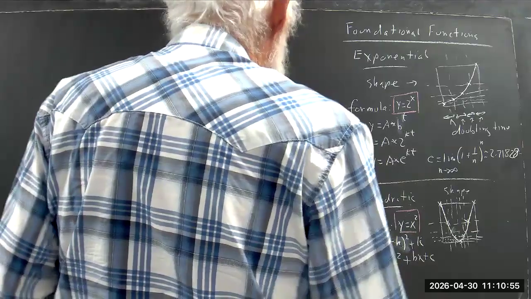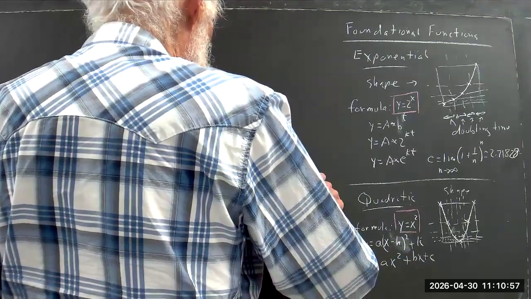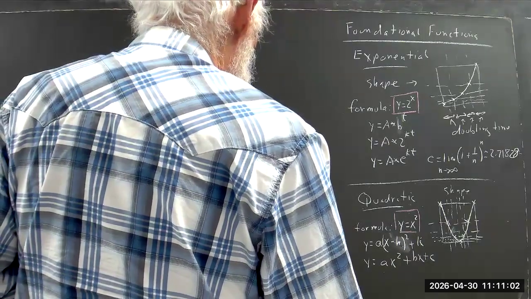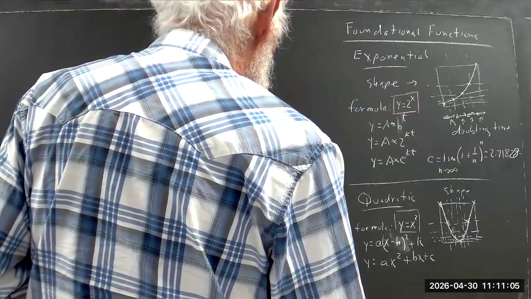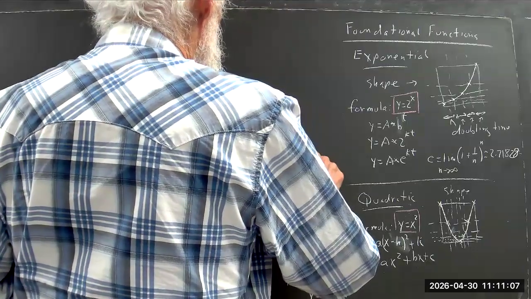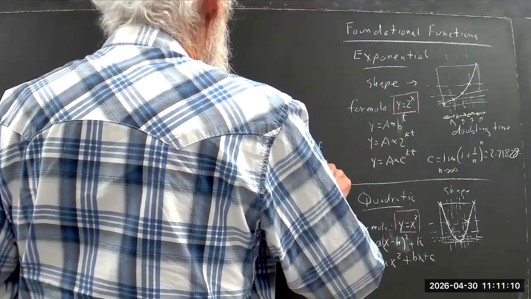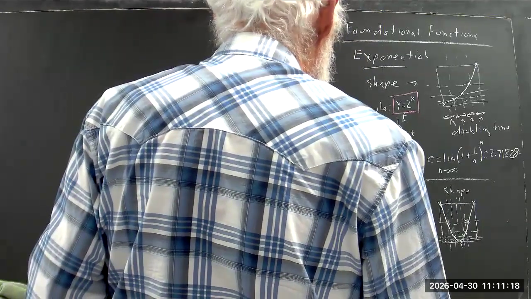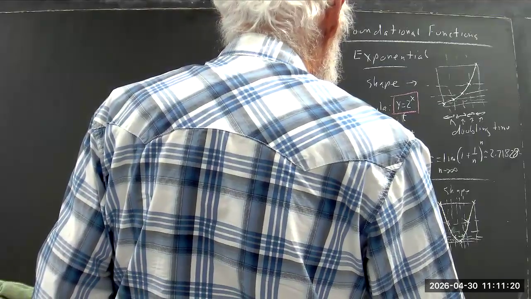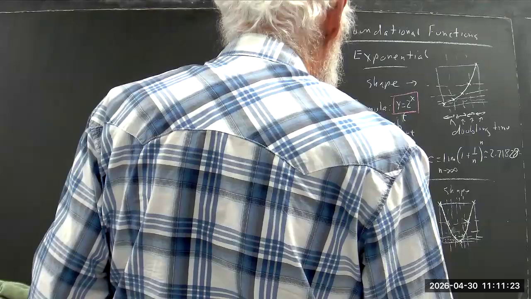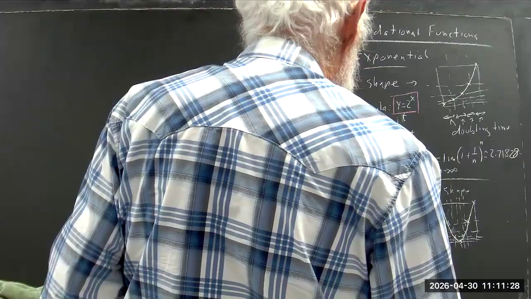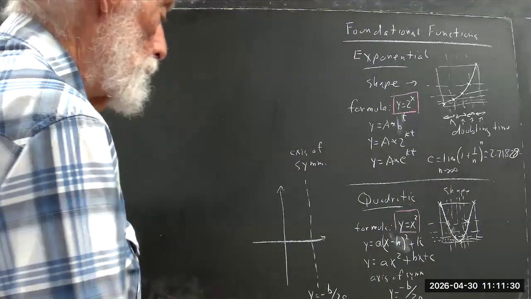Now, in the general form, ax squared plus bx plus c, the axis of symmetry is y equals negative b over 2a.